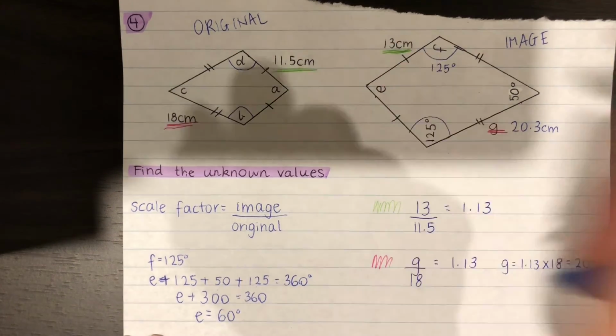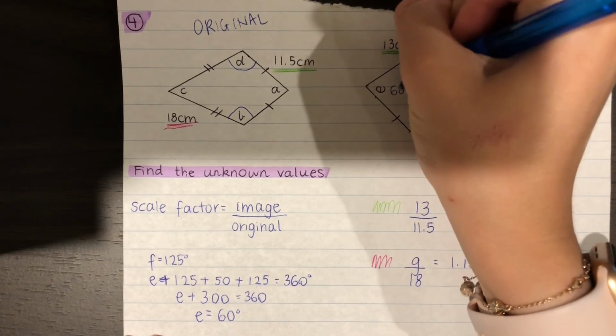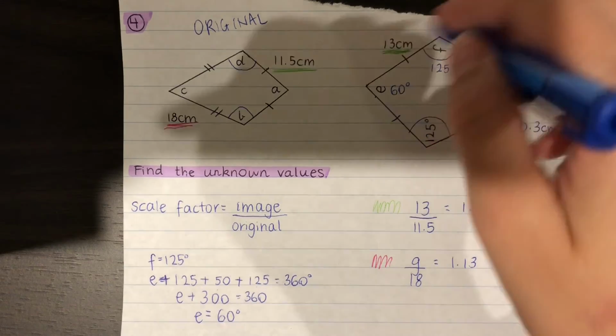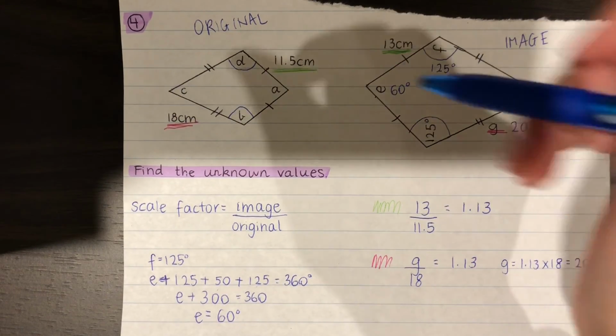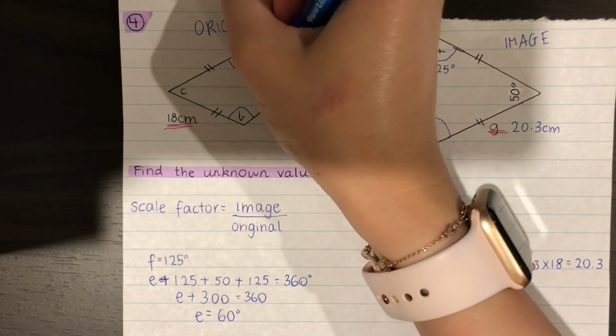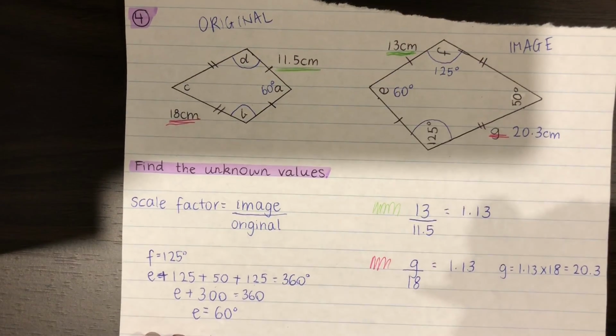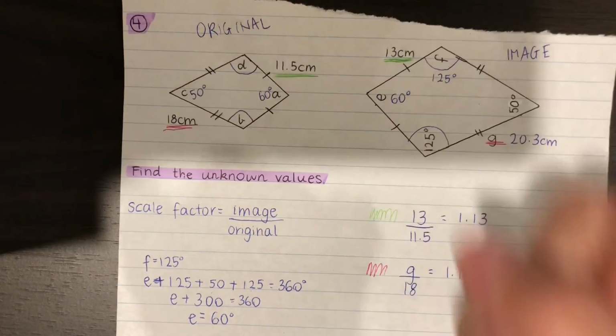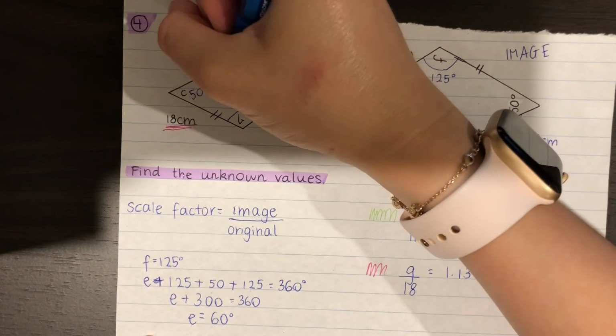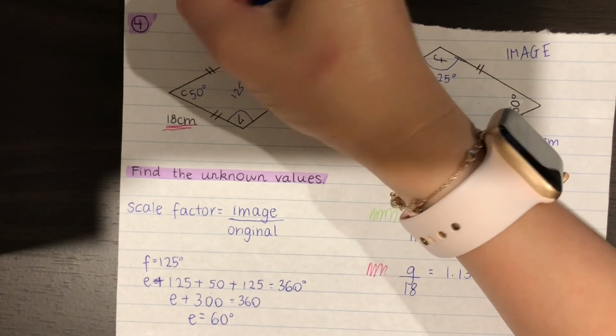And you know the point to this kite here. Now, whatever these numbers are must be the same in this one. So that means that A is also 60. C is also 50. And B and D are both 125 degrees.